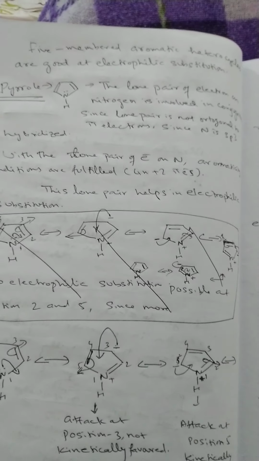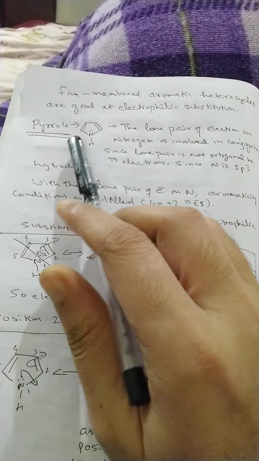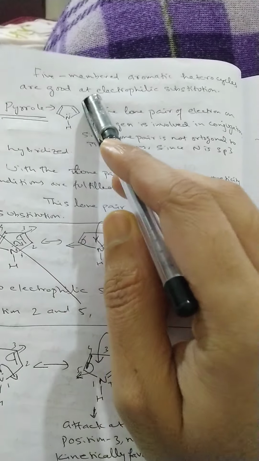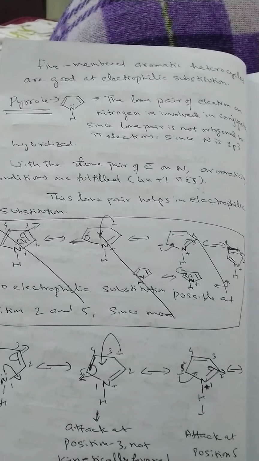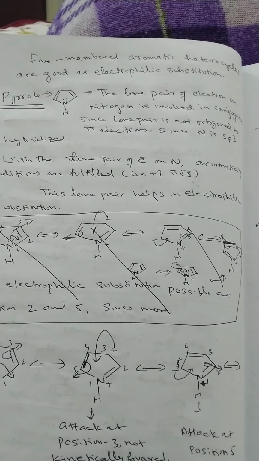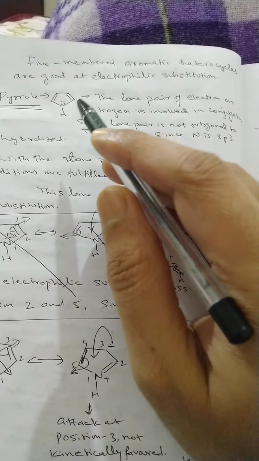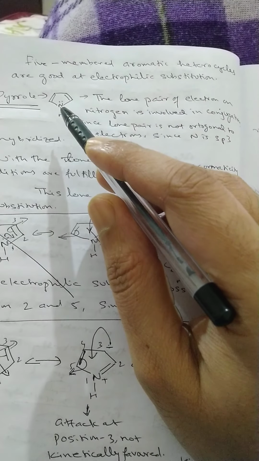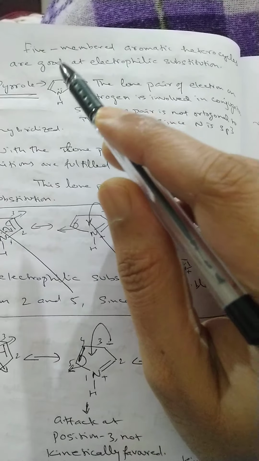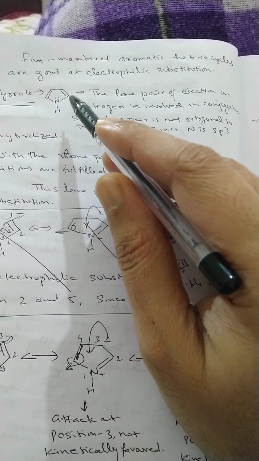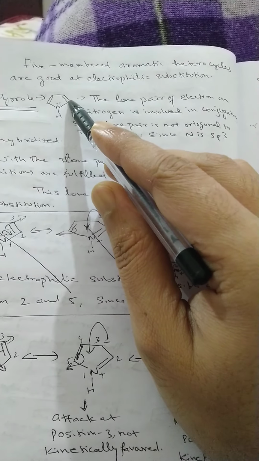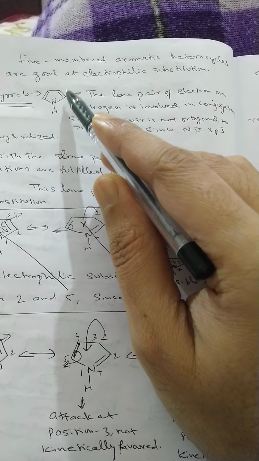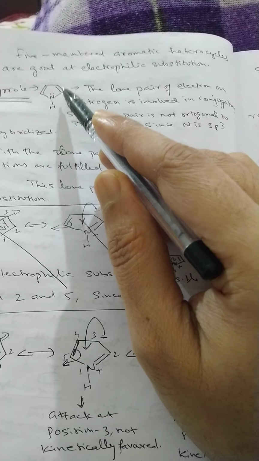But when you see a 5-membered ring, we'll take the example of pyrrole. So pyrrole is a 5-membered ring, 1, 2, 3, 4, 5, and then there is nitrogen. Now, the very important part is, this nitrogen is sp3 hybridized. So this lone pair is not perpendicular to the pi bond. This p orbital is perpendicular to the paper, standing up and going below the paper.